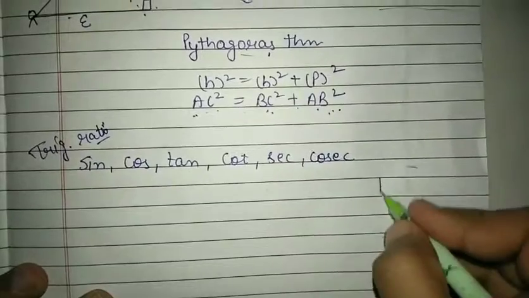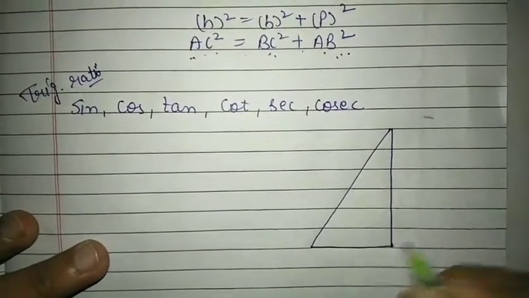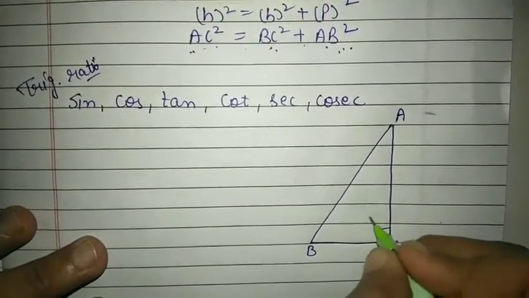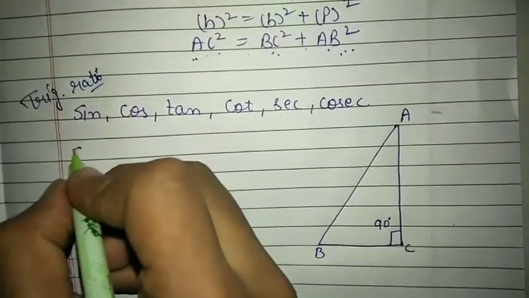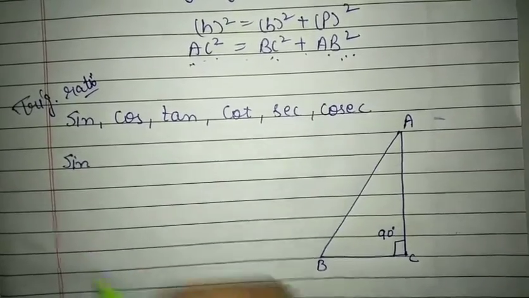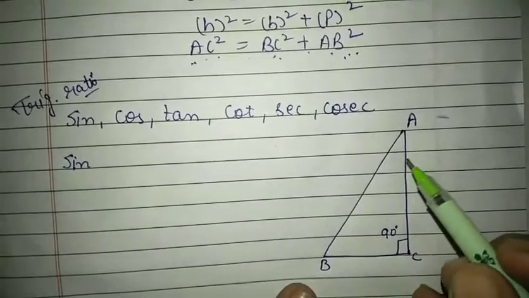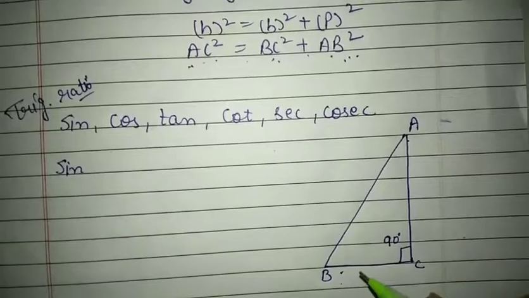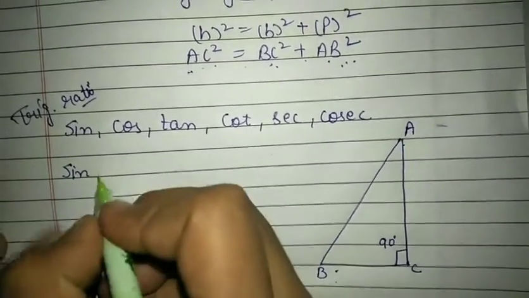Now let's draw a right angle triangle ABC, and angle C is 90 degrees. Now if we want to find trigonometric ratios, the formula is changed according to the angle. If we want to find sine for A or B, then the formula remains the same, but the value is changed.